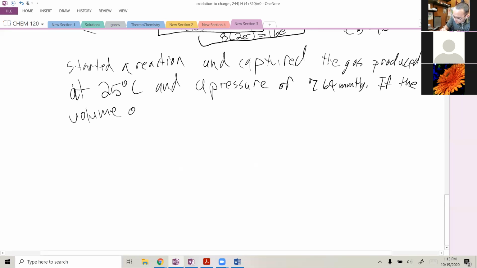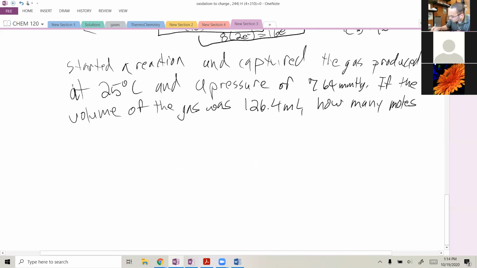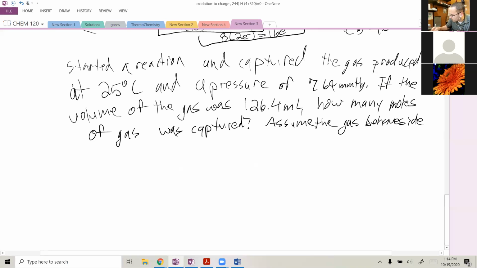The volume of the gas was 126.4 milliliters. How many moles of gas was captured? Assume the gas behaves ideally. All right. So that's our simple gas problem.